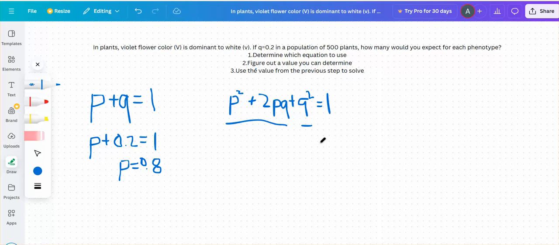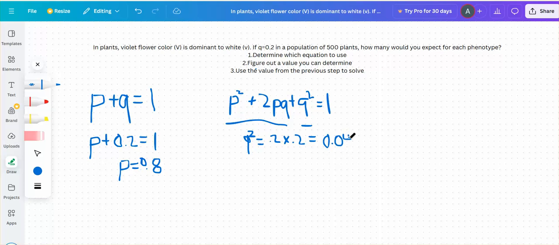So what I'm going to do here to solve this problem is to take Q squared and multiply it by 500. And then I'm going to take P squared plus 2PQ and multiply that by 500. So I know Q is 0.2. So Q squared is going to equal 0.2 times 0.2, or 0.04.